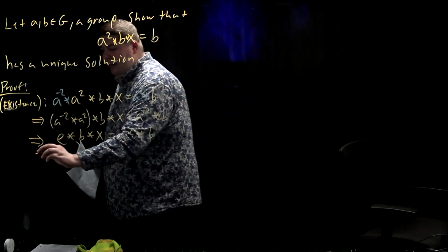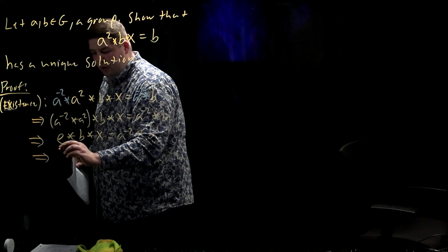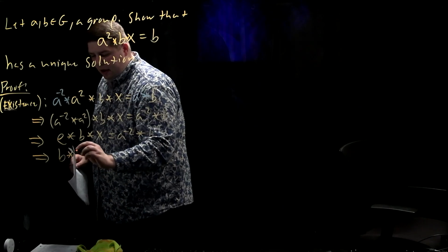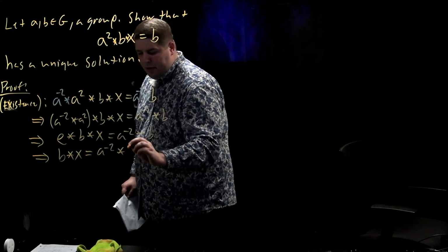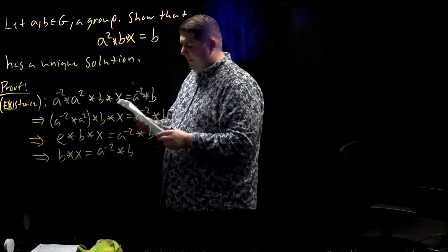E operating with B is just B. So this is just B operating with X equals A to the negative 2 operating with B.